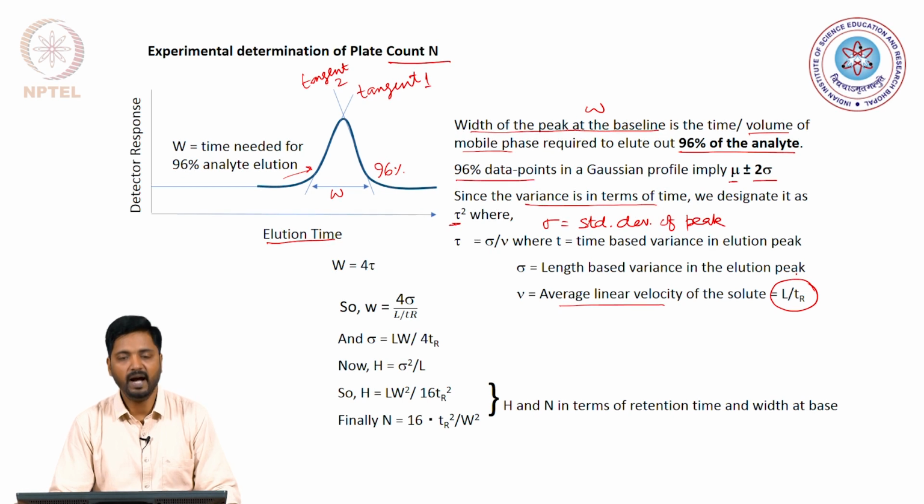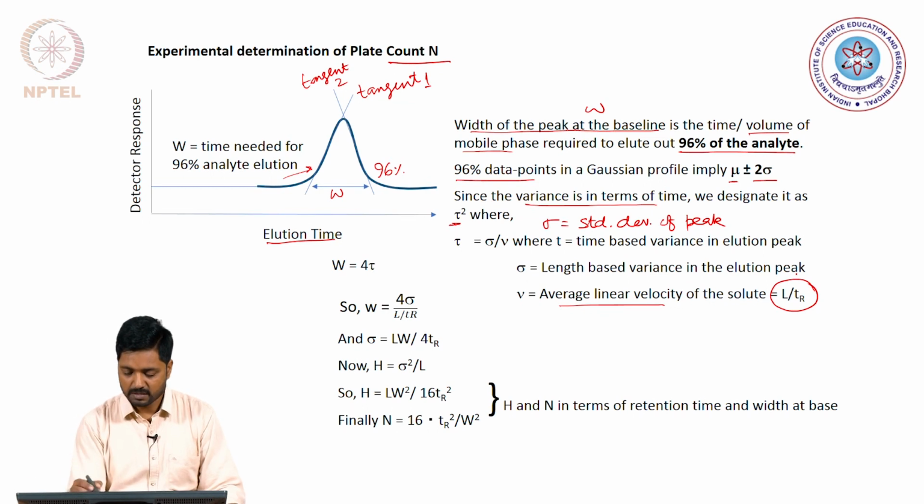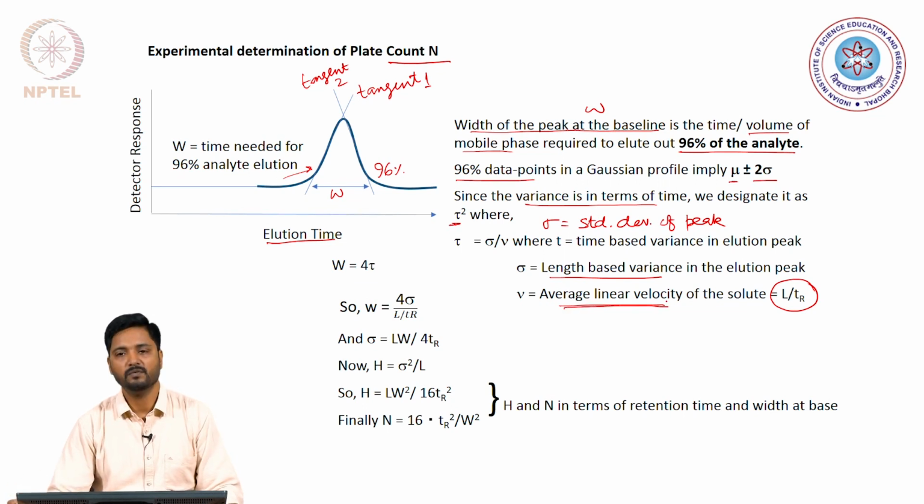So, we have now described the variance of this peak in terms of the length based variance, which is the sigma, and the average linear velocity, which is L by TR.